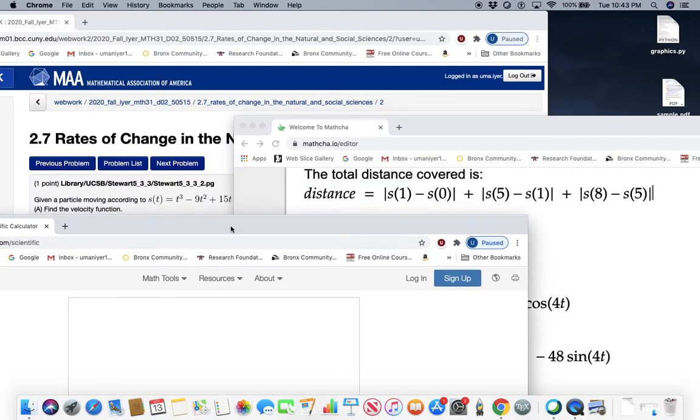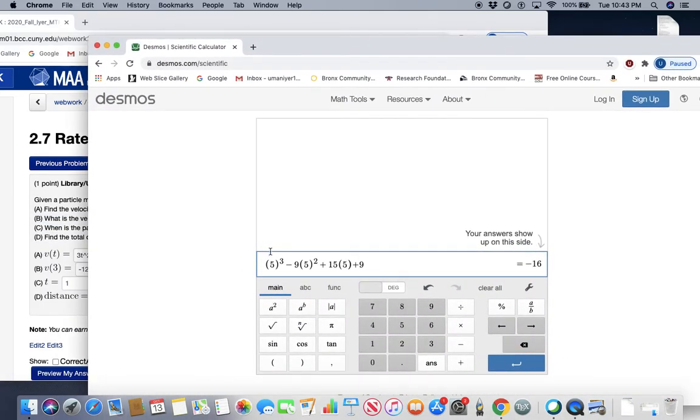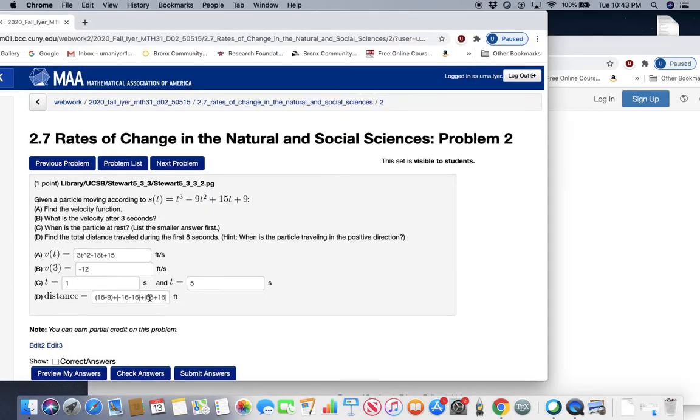After s of 5, I need s of 8. That gets me 65. So that's the last one, s of 8 minus s of 5. Remember, s of 5 was negative 16, so that becomes a plus inside.